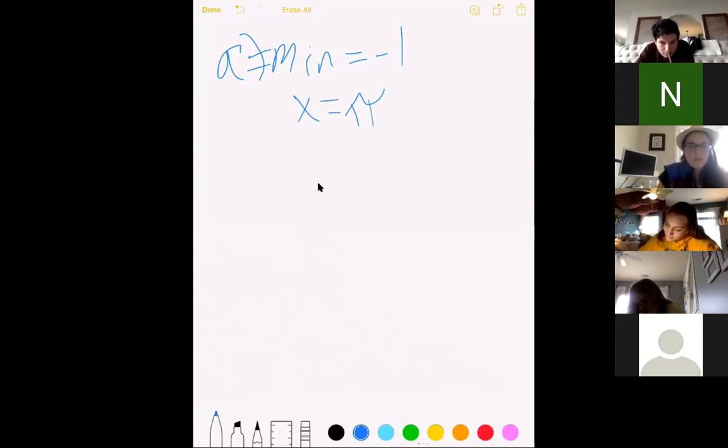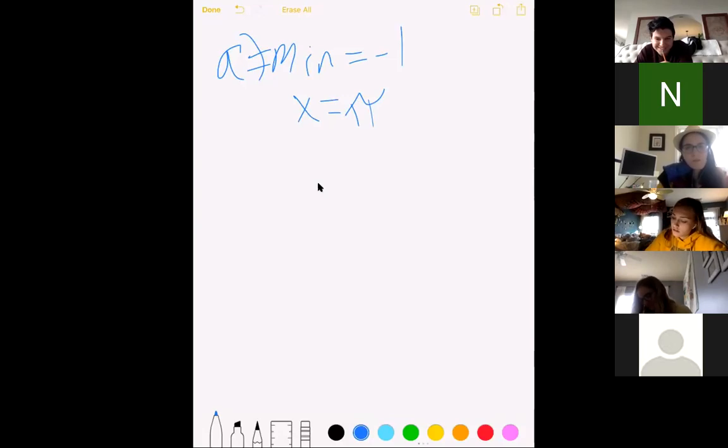Okay, so part B, describe two transformations which transform the graph of y equals cosine of x to the graph 2 cosine of x plus pi over 6. So what does the 2 do to the function? It changes the amplitude. And if we were just talking about the graphs in general, what type of transformation is that? It's a vertical stretch.